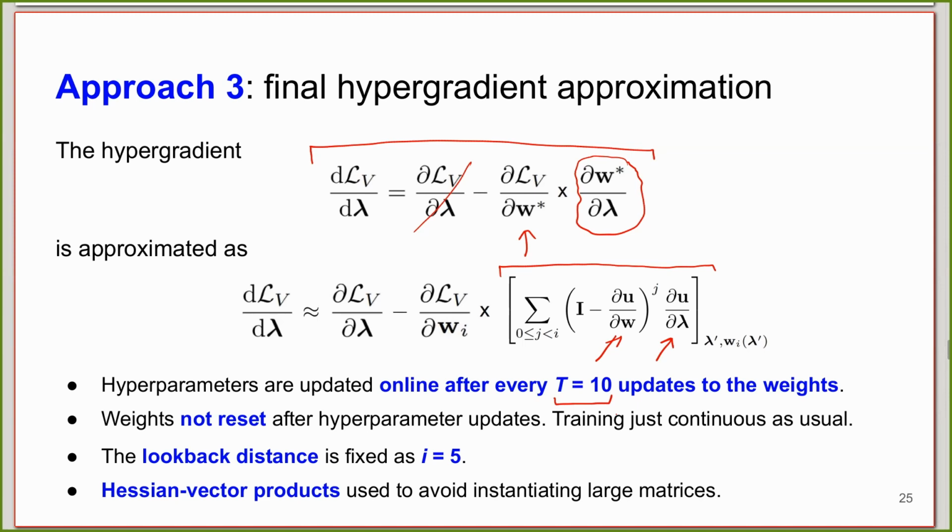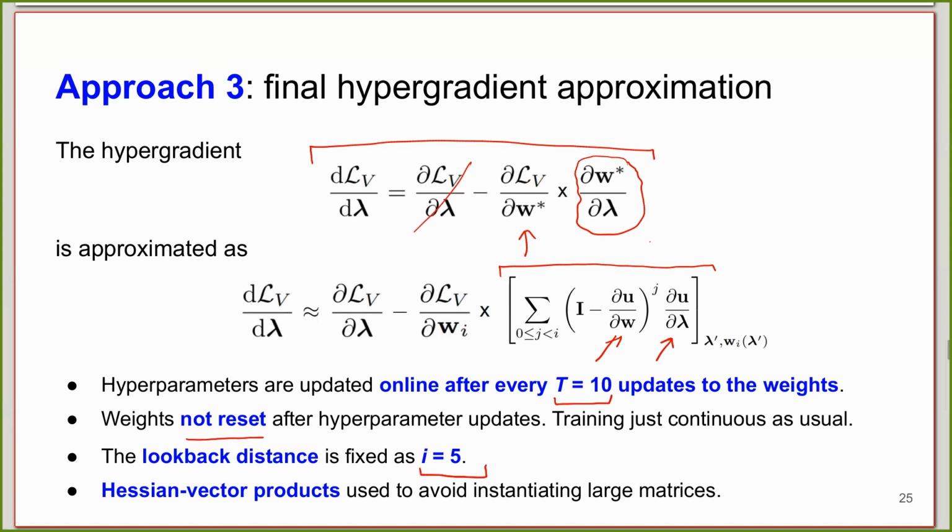You don't reset the weights after the hyperparameter updates. You just keep the weights as they are and continue as usual. And in this truncated power series, I could be something like 5. We're going to see later the sensitivity of this method to different values of i.